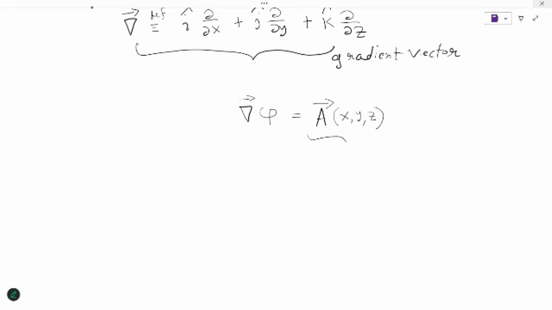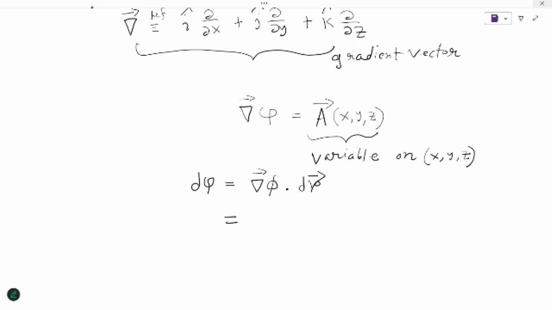So this is a variable that depends on x, y and z. Now we have d phi equals grad phi dot dr.